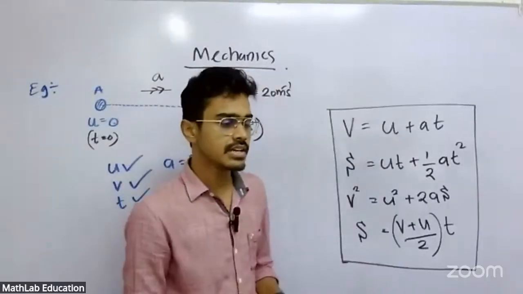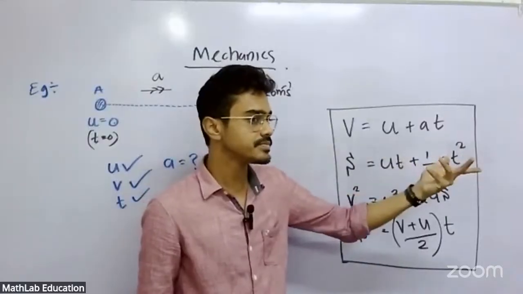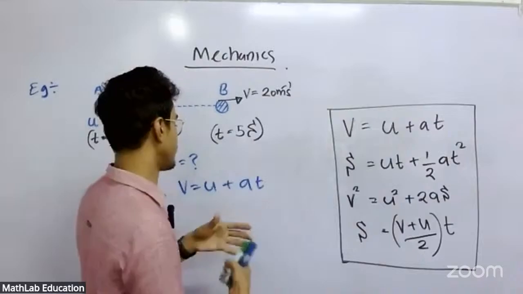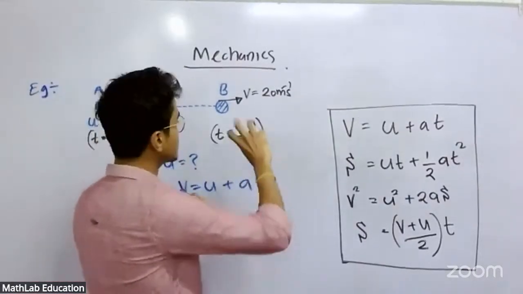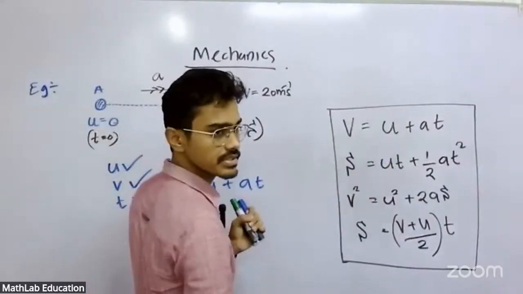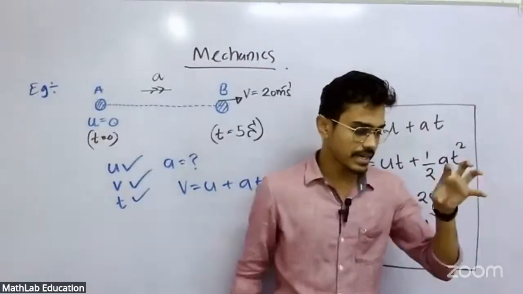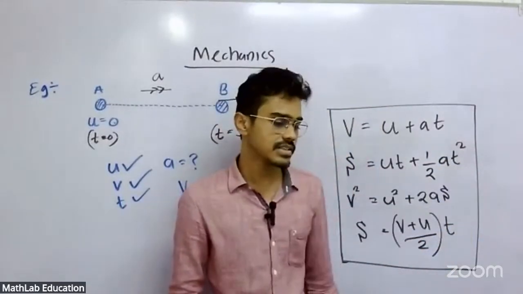The reason is then we can consider those vectors which are acting along that same direction as positive. Otherwise, if I consider the opposite direction, these variables are going to be negative. The same answer comes, because with respect to my considered direction, the signs change. So that is how the same answer comes.